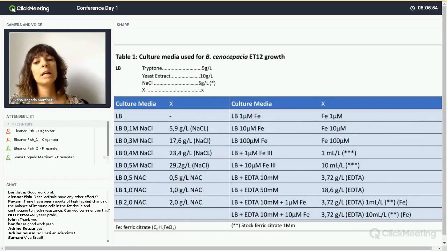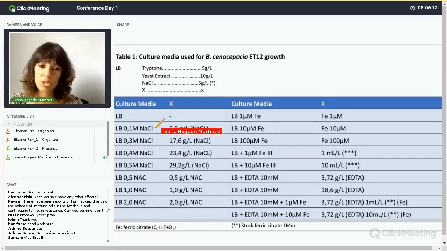Here we have this table showing all the combinations of conditions we used to analyze the effect of the product. We used as reference media the Luria-Bertani broth, and we used different concentrations of sodium chloride, N-acetylcysteine, and iron from different sources.